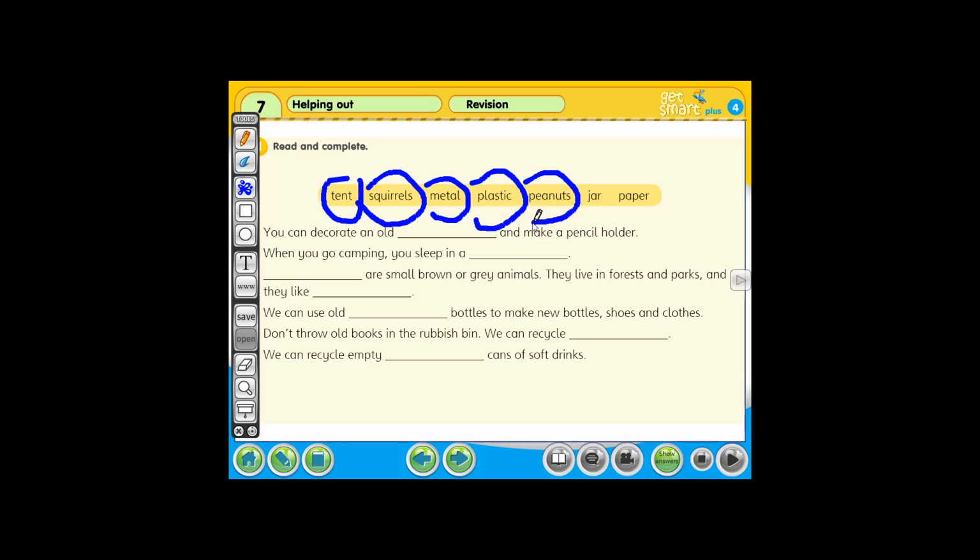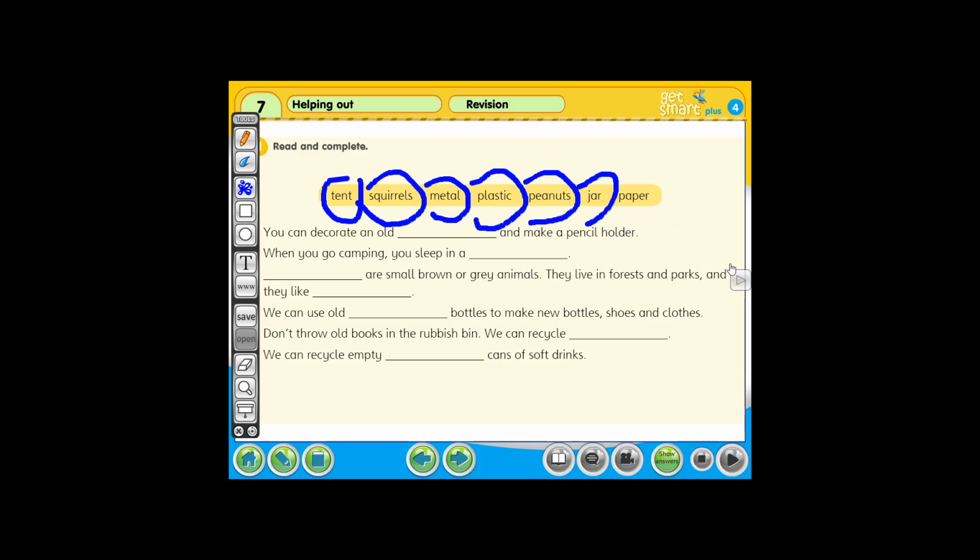All right. Okay, peanuts. Peanuts. What is peanuts? It's a kind of fruit. Yeah, it's a fruit. It has a thin brown shell. Okay, when you eat peanuts, you have to open the thin brown shell. We don't eat that shell, but we eat the fruit inside. That is called peanuts. All right, next, jar. Jar.